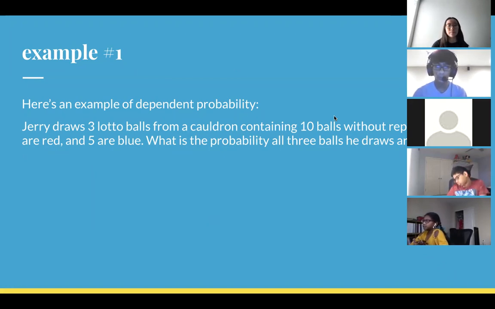And remember that without replacement means that every time he draws a ball from the cauldron, he's not going to be putting that ball back inside. So the cauldron is going to have one less ball every time he draws.